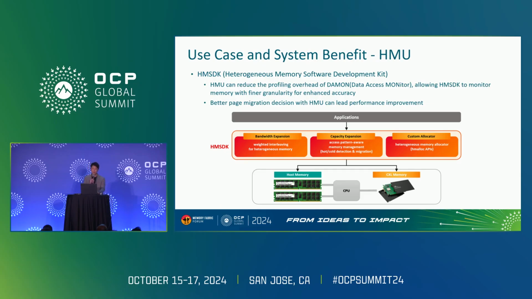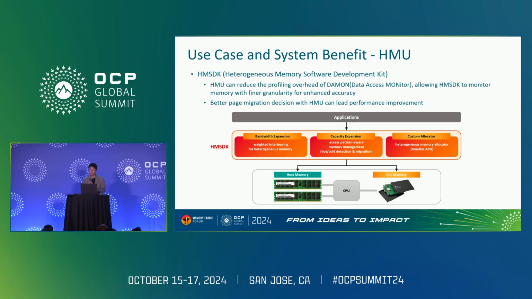Right. We believe that a key use case for HMU is HMSDK, the heterogeneous memory software development kit. And our other speaker, Honggyu Kim, will cover it in more detail in the following sessions. But HMSDK is a software solution to support heterogeneous memory systems.